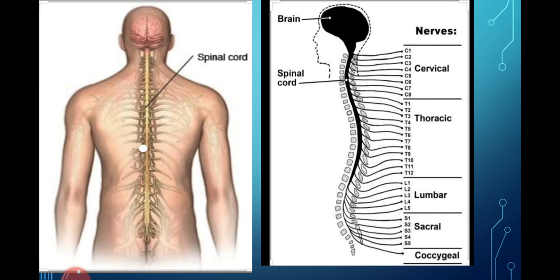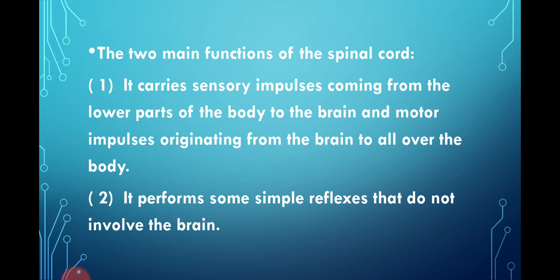nervous system. Now there are two main functions of the spinal cord. The first one is that it carries sensory impulses coming from the lower parts of the body to the brain and motor impulses originating from the brain to all over the body. And the second one is that it performs some simple reflexes that do not involve the brain.